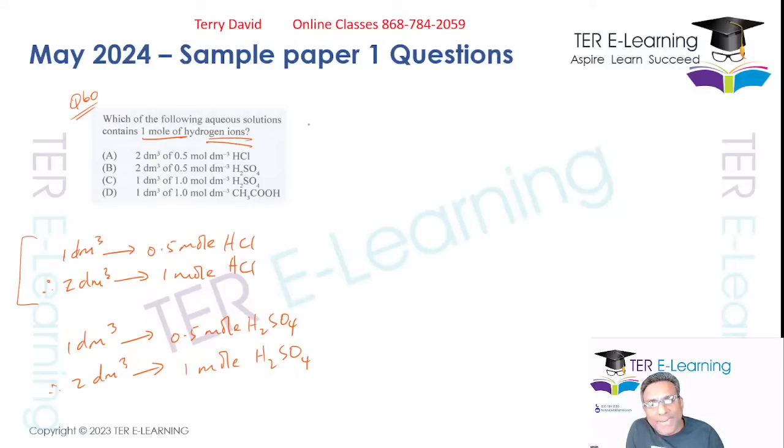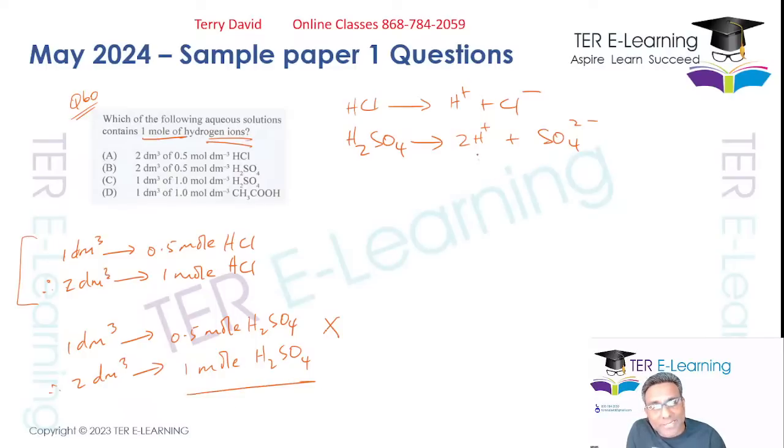Now HCl, this is what HCl does. HCl will produce H plus and Cl minus. But sulfuric acid doesn't do that. Sulfuric acid will give me 2H plus, plus SO4 2 minus. So therefore, this cannot be an answer, because you have 1 mole of H2SO4, but it is producing 2 moles of H plus. So this is out.